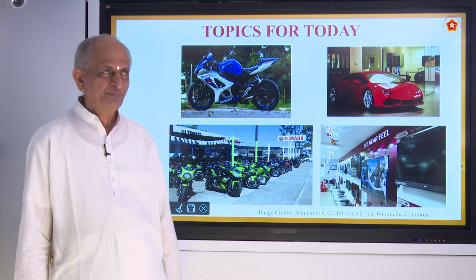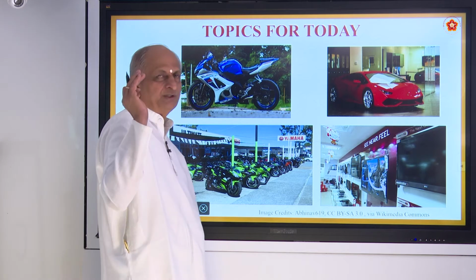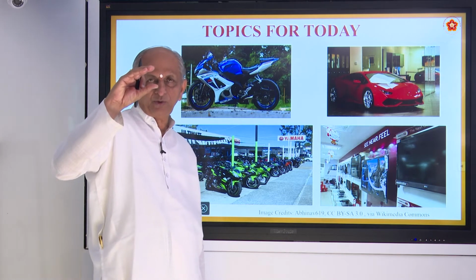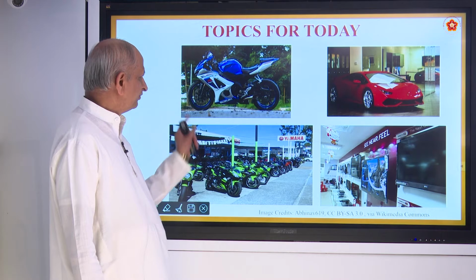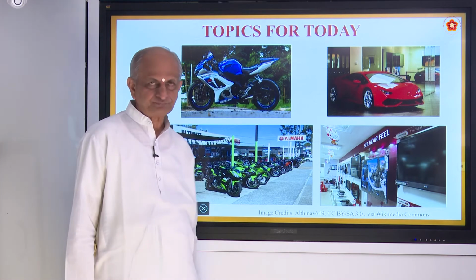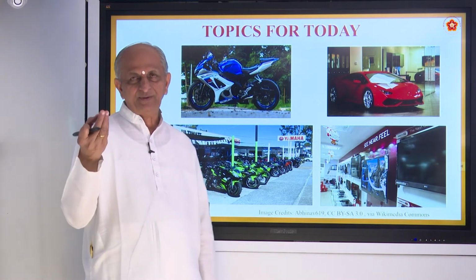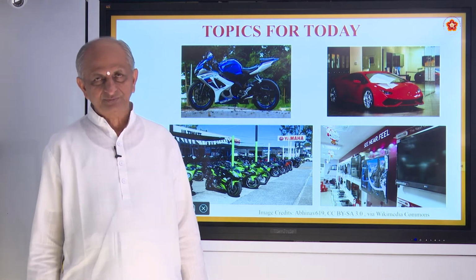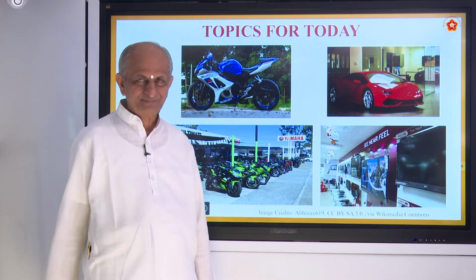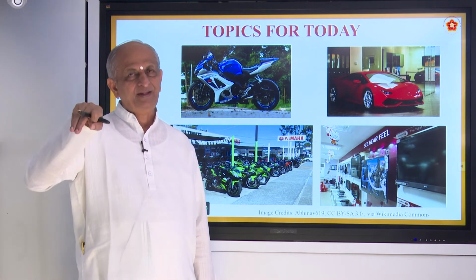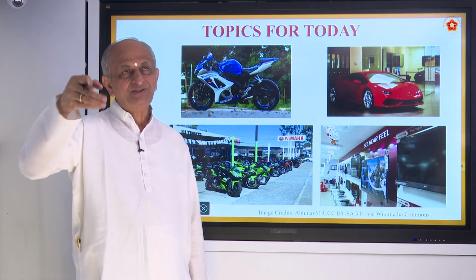What do they do? They give first some amount as per agreement. Suppose the cost of the bike is say 1 lakh, they can give some advance, say 25,000 or 30,000. That is called cash down payment, and the remaining they will give in installments.